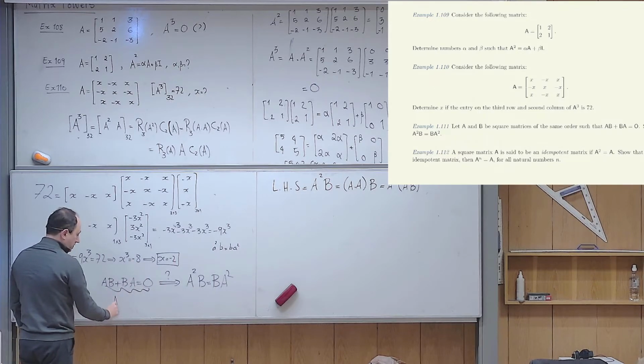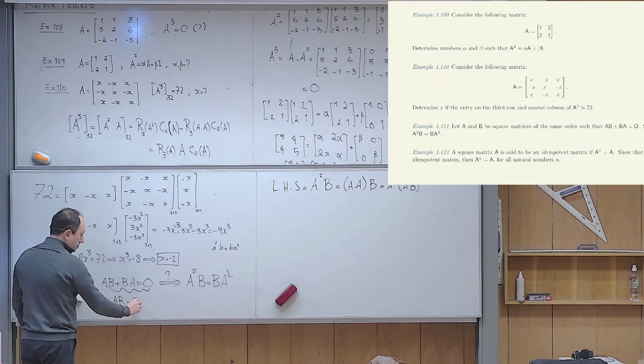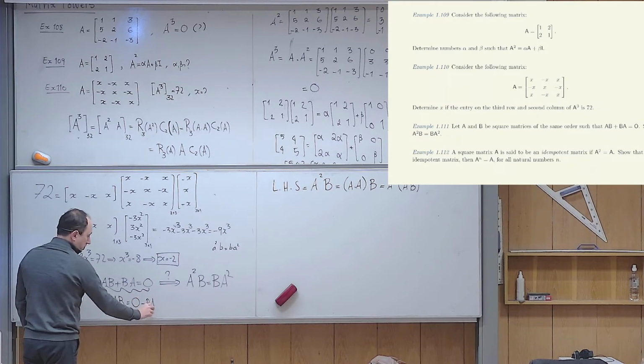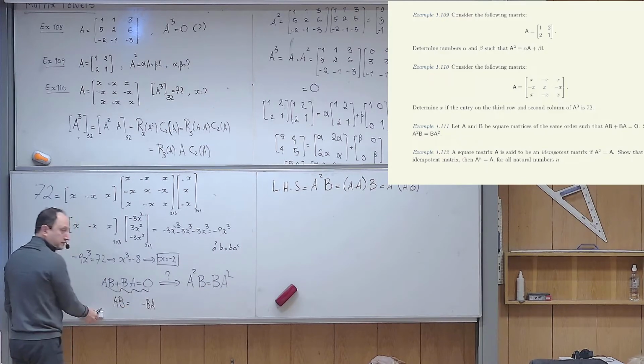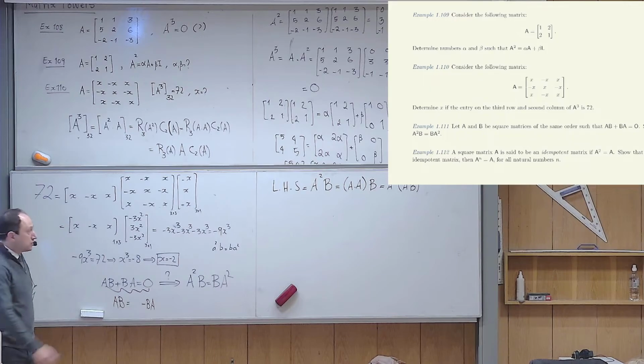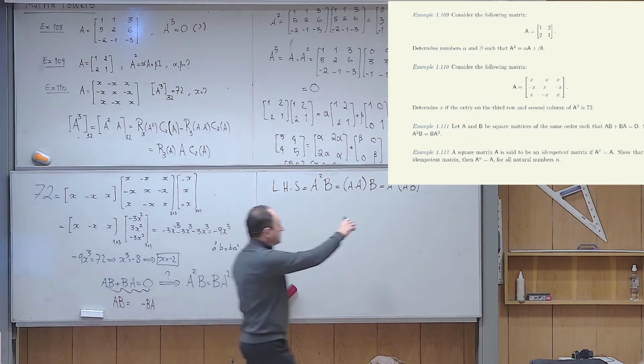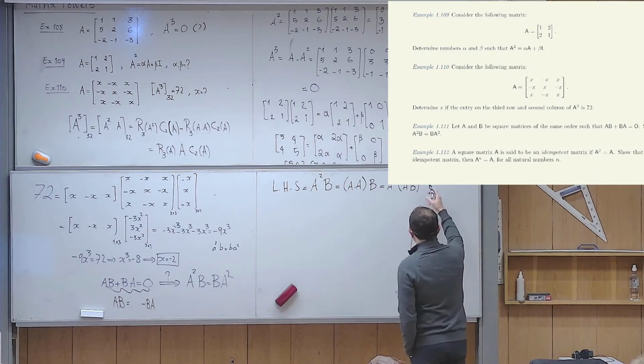What will happen? This becomes AB. If I move it to the other side, it becomes the zero matrix minus BA, but 0 minus BA is nothing except minus BA itself. Yes? So here, instead of AB, what can I write? Minus BA.